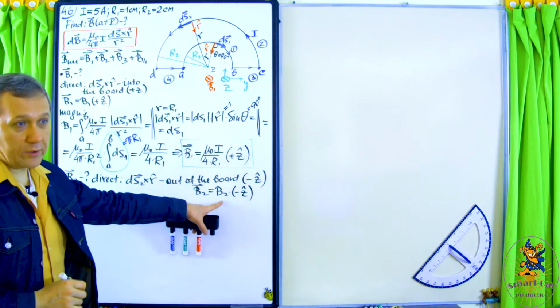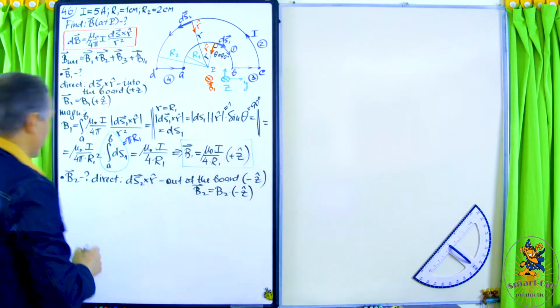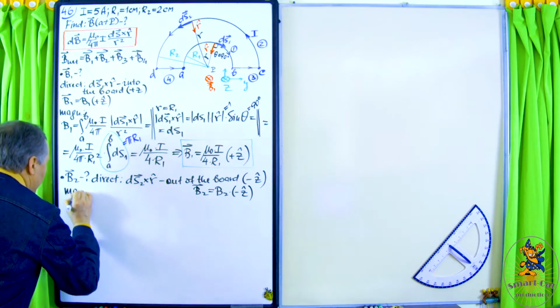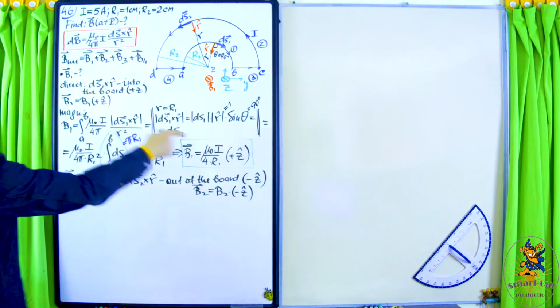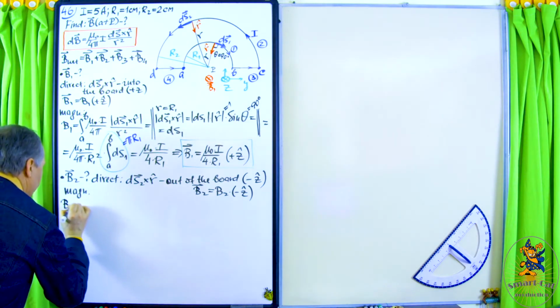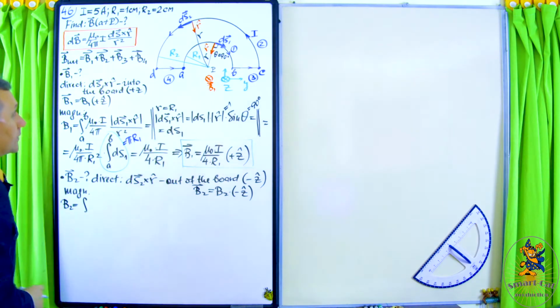So now we just need to take care of the magnitude. The steps are very similar. I need to write a similar integral. So B2 equals integration from what?